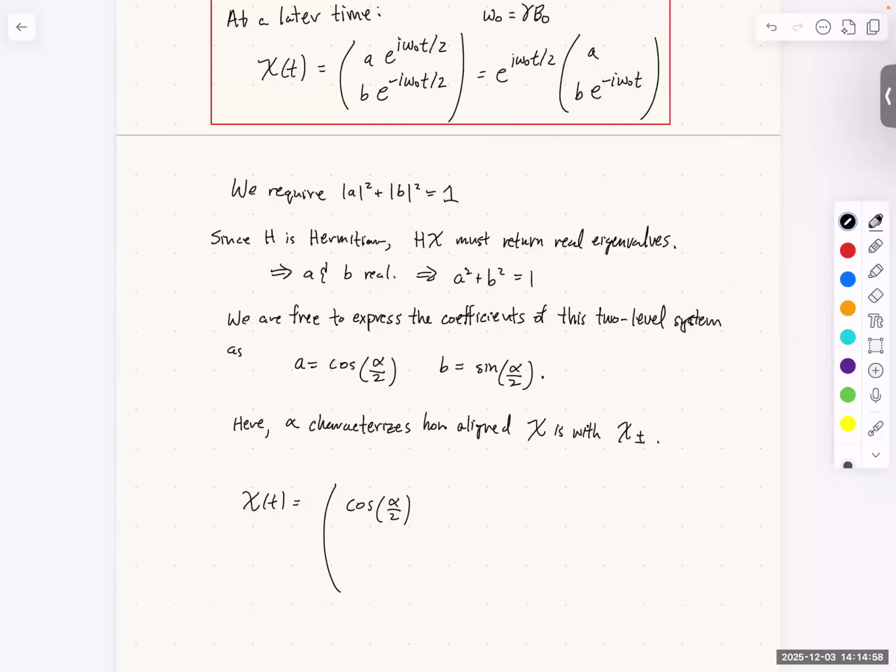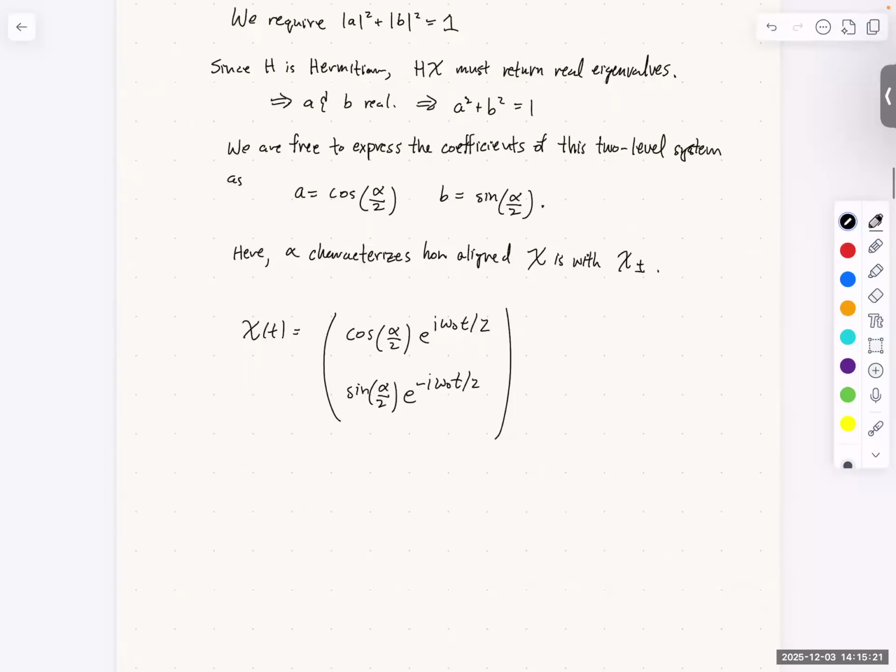And then I'll use the form on the left. So it's e to the i omega naught t over 2. And then for B, we have sine alpha over 2, e to the minus i omega naught t over 2, like so. Okay, good. So that's the time evolution of our spin state.